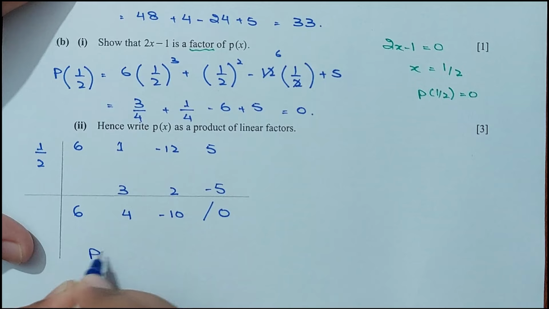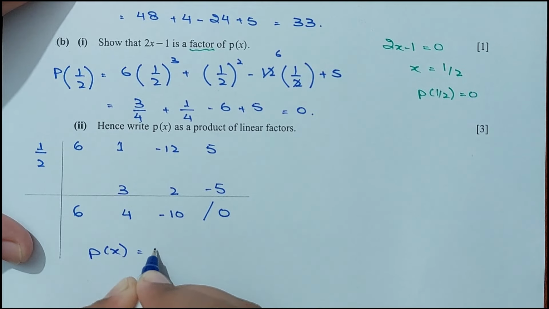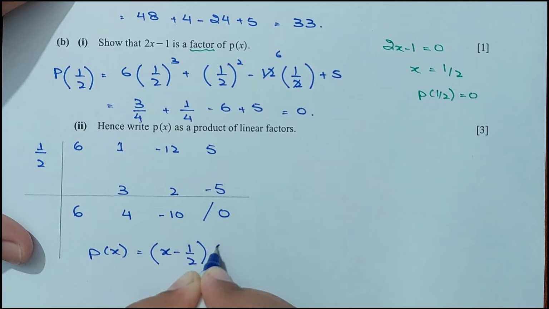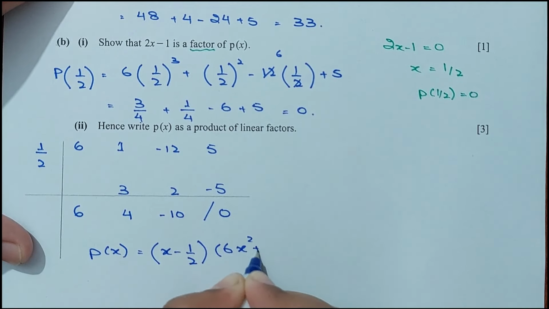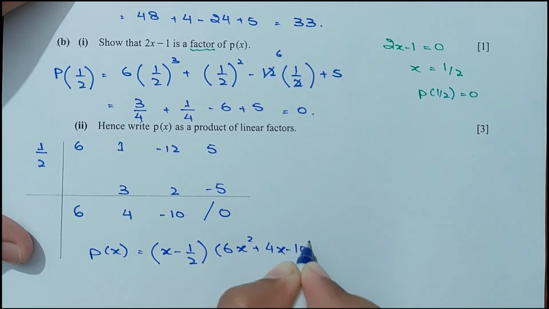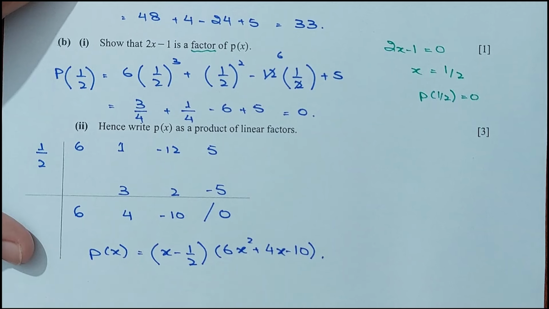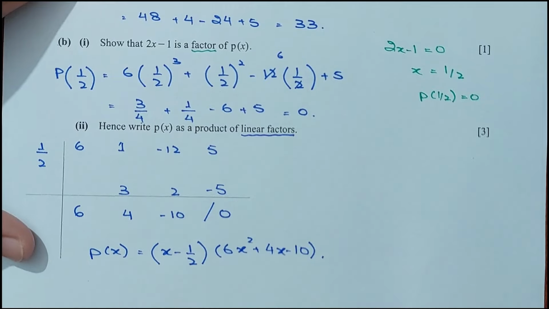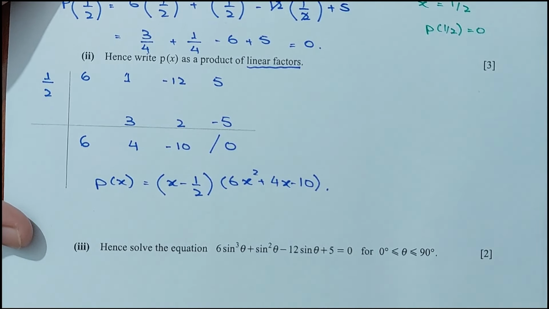Now the polynomial p of x, we can write down as x minus 1 by 2 is the factor, and we have 6x square plus 4x minus 10. All right. Now let me rearrange this form as a product of linear factors. We have to write down 3 linear factors over here.